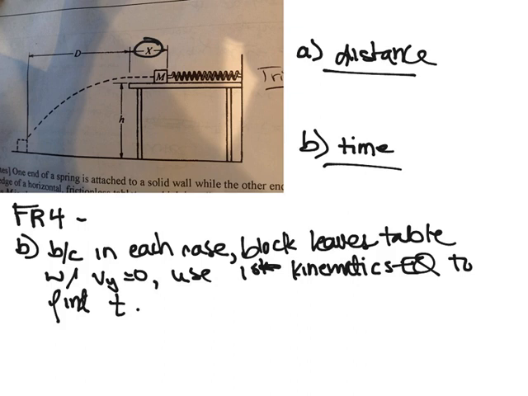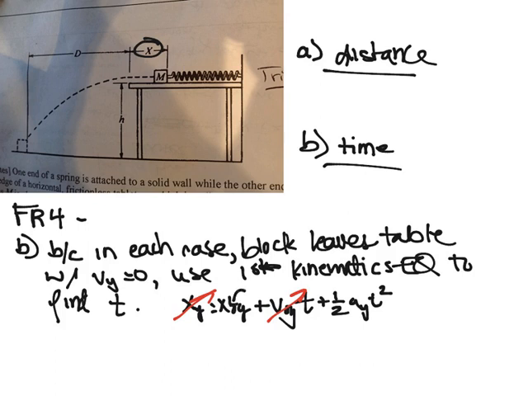So we can use xy equals xoy plus voyt plus 1/2 ay t squared, okay, and this is after it leaves the table. We know that xy is 0, it lands on the ground, voy is 0, and we know ay is negative g, so we have xoy, which is the height, 0 equals height, minus 1/2 gt squared.